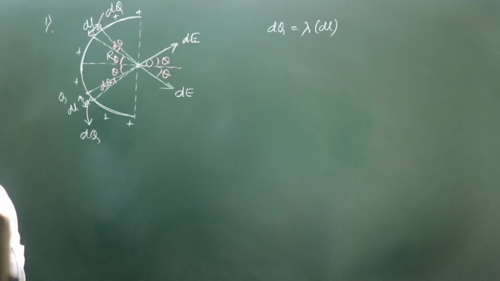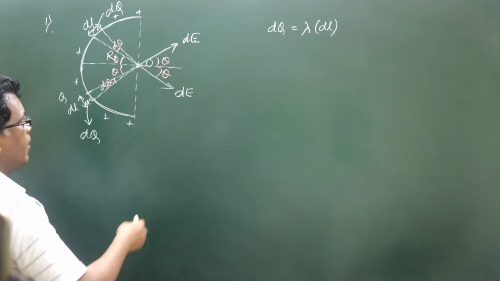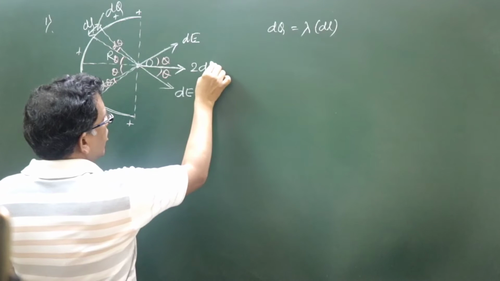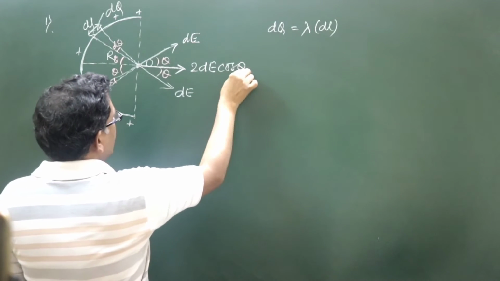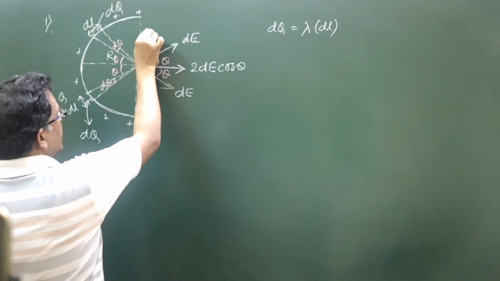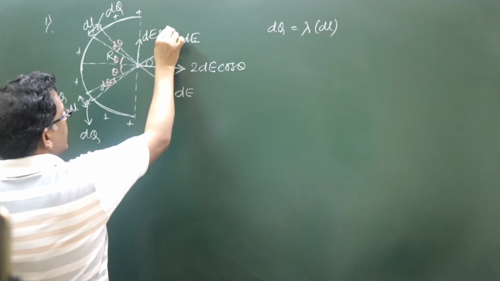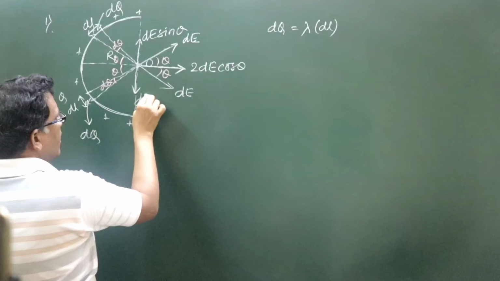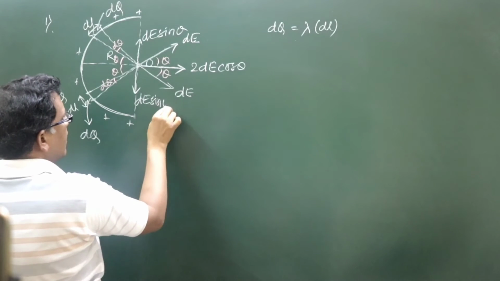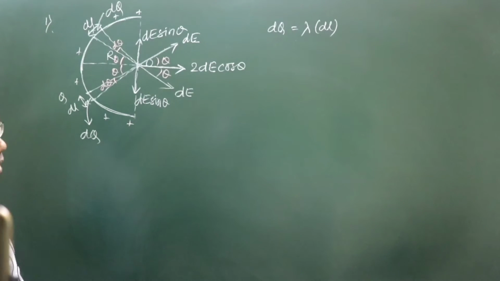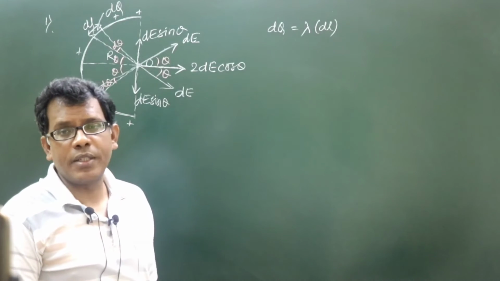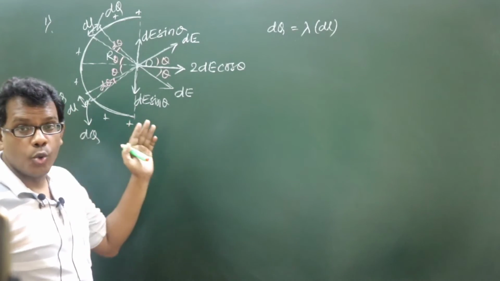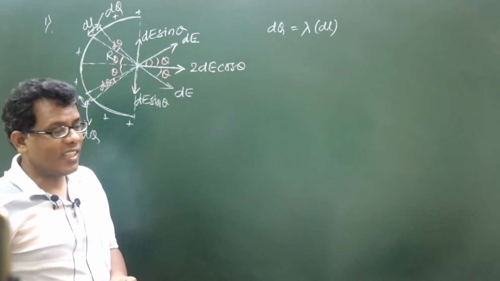So the resultant effect for one pair of symmetrical elements along this line will be 2 dE cos theta, because their sine components will get cancelled out. dE sin theta this way and dE sin theta in this direction get cancelled, right? So for one pair of symmetrical elements, we get 2 dE cos theta.